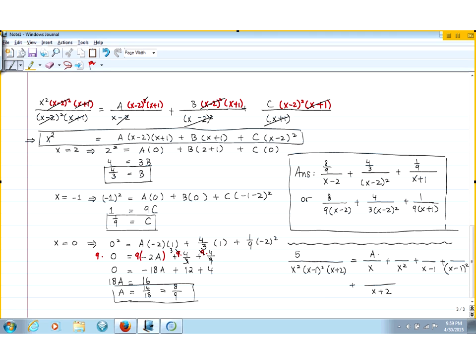So what goes on top of x? It's just A. It is linear, remember? So the degree of the numerator will be 1 less. Here there's no degree, degree 0, meaning constant. So same thing here. These are all linear. It's just that it is repeated.